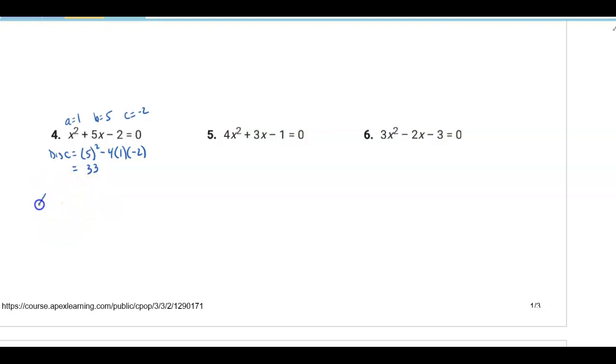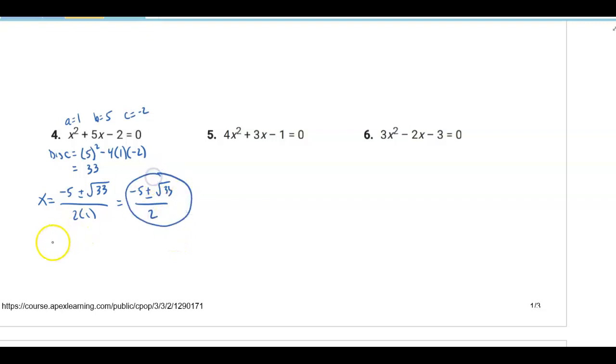So right away here, now I go to my quadratic formula. If b is 5, the opposite of 5 is -5, plus or minus the square root of 33, all over 2 times 1. So right now what they want you to see is this would be -5 plus or minus the square root of 33 over 2.